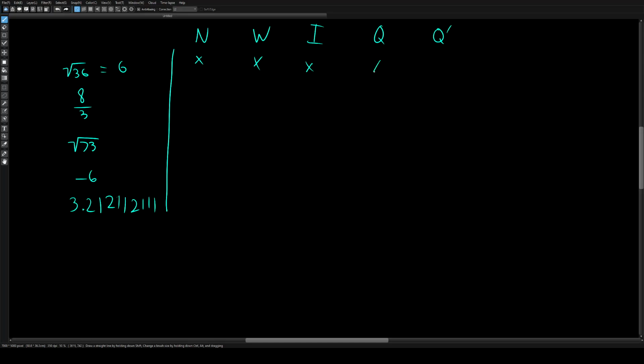And it is a rational number. And that's pretty much all there is to it. This is how you would classify square root of 36. Now, when it comes to 8 over 3, let's convert this to a decimal. It would be a repeating decimal, like 2.6 repeating.